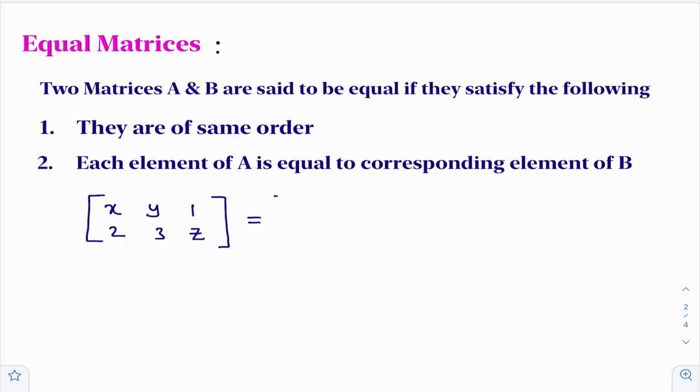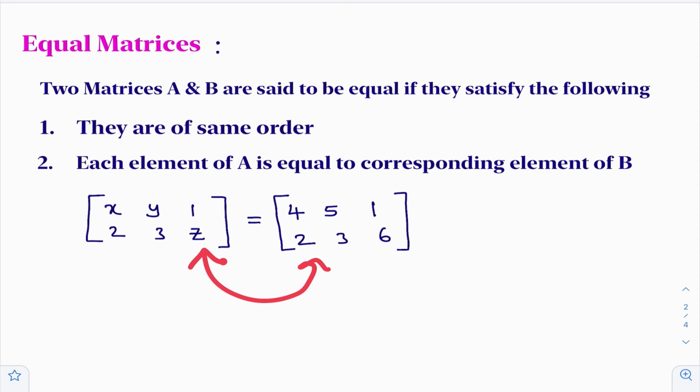Now I'll take one more matrix: 4, 5, 1, 2, 3, 6. My question is, when are these two matrices equal?